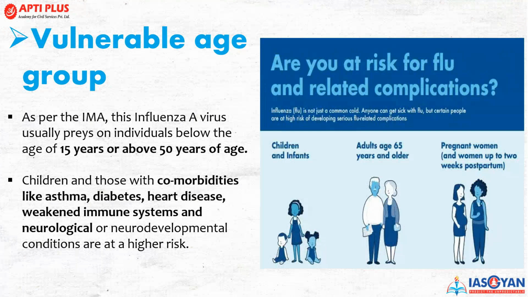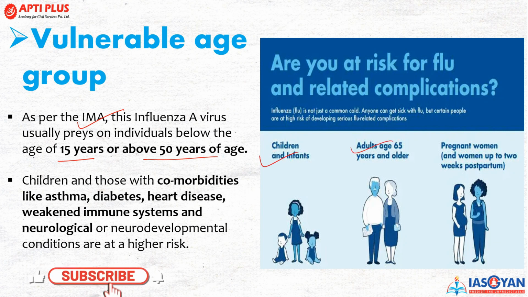Now, about the vulnerable age group, which specific age groups are vulnerable? As per the Indian Medical Association, the influenza A virus usually preys on individuals below age 15 or above 50 years of age. So mostly children and infants are vulnerable. The age group of 65 and older, pregnant women and women up to 2 weeks postpartum will be vulnerable to this virus.